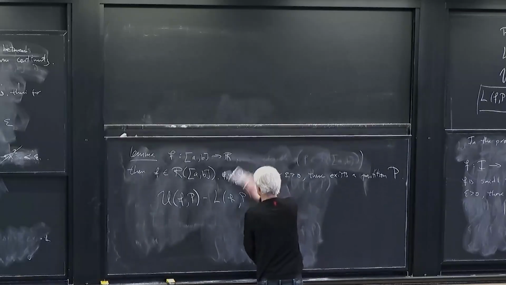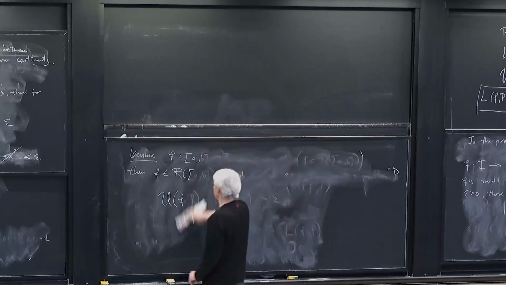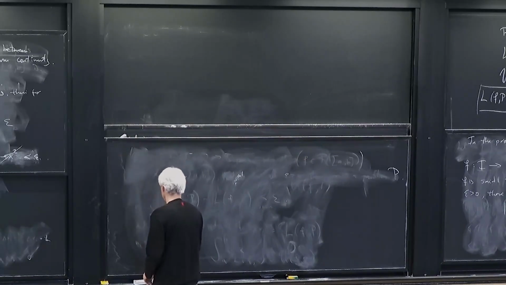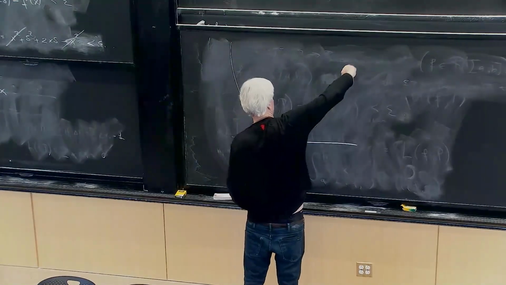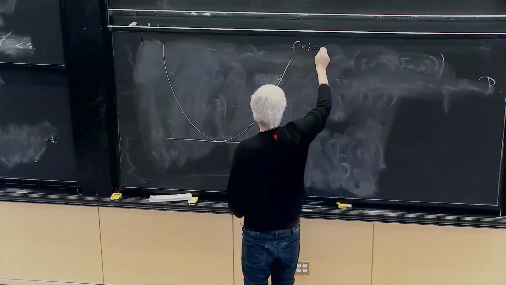The other example is, and actually let me draw a picture to just illustrate it. So again the function roughly looks like this. This is f of x equal to x squared.